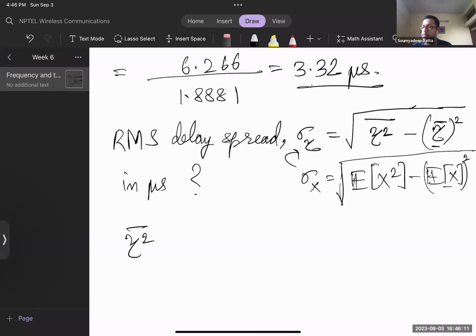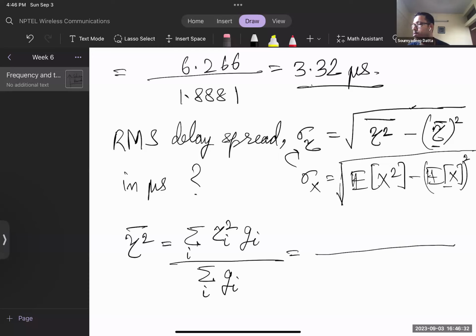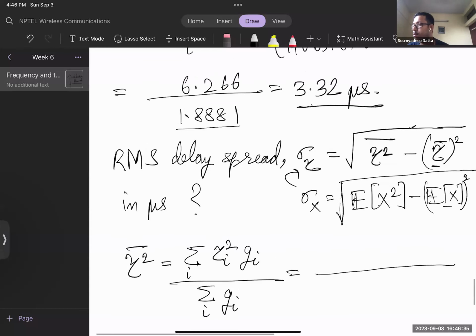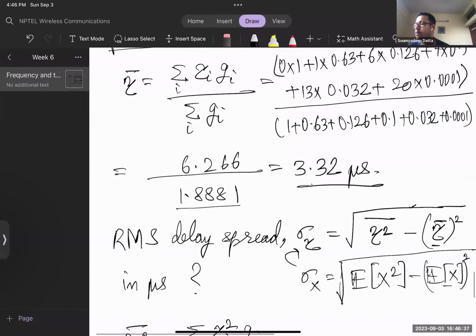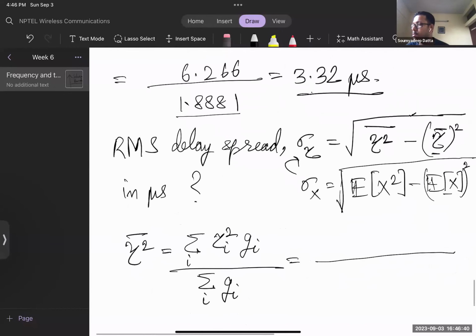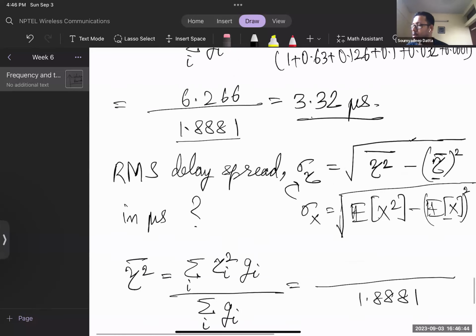How do we find tau square bar? Again, it's a weighted average. So we take tau i square times the gains, and then we sum over the gains, right? This denominator we know; we have summed over the gains earlier because it was the same denominator. It is 1.8881. So let's not do this calculation again. Numerator, let us calculate.